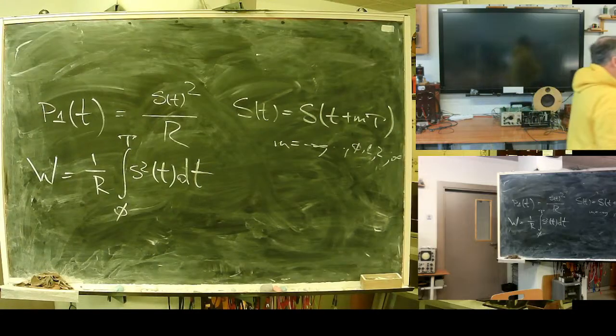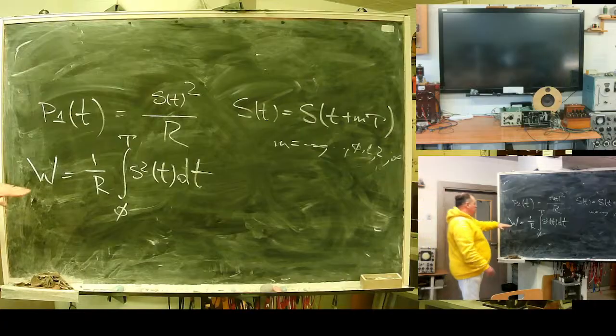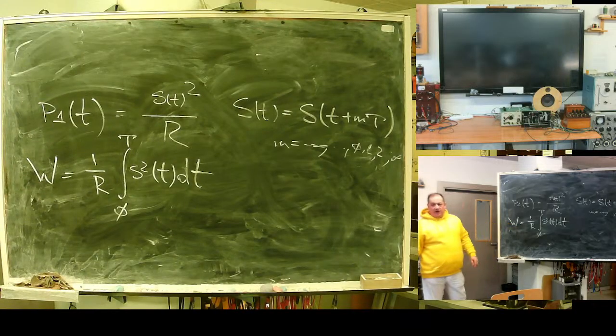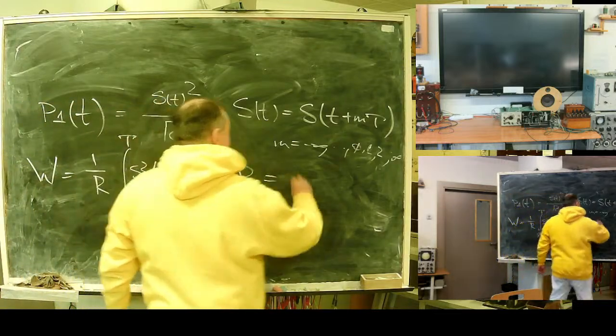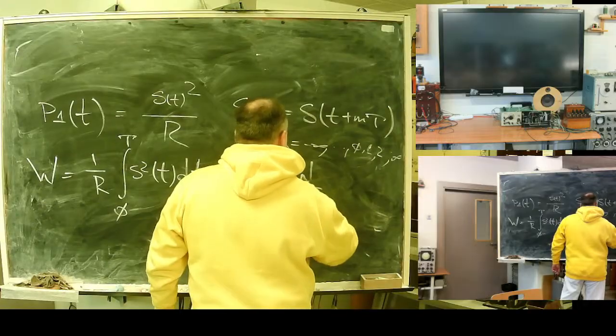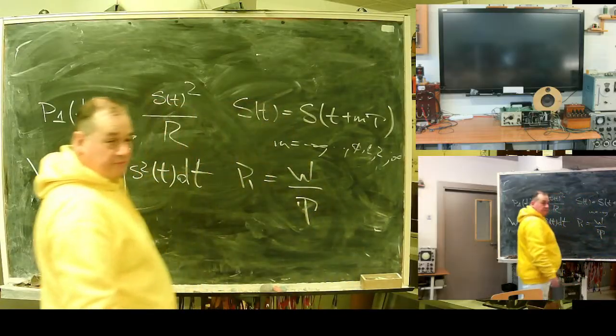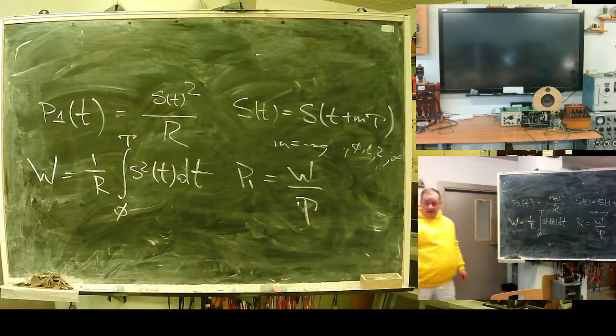Yes. We have W joules of energy within 1 period of time. What will be power in watts? P1 in watts will be W divided by time. Joules in second.